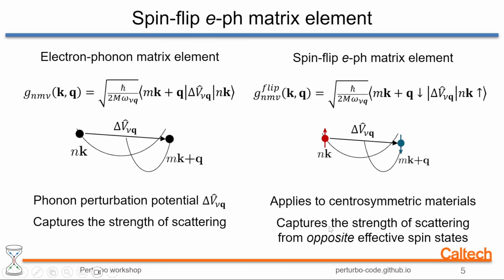On the right, for the spin-flip matrix element, we must include spin-orbit coupling, and this applies primarily to centrosymmetric materials. In centrosymmetric materials, we can write our Bloch states as effective up and down states that diagonalize the spin operator. And here our spin-flip matrix element captures the probability of scattering from initial Bloch state to final Bloch state with opposite effective spin, which is the key difference between the regular electron-phonon matrix element and the spin-flip matrix element.